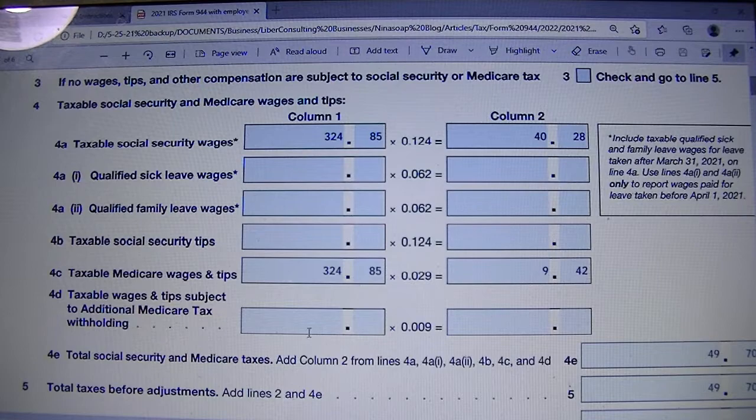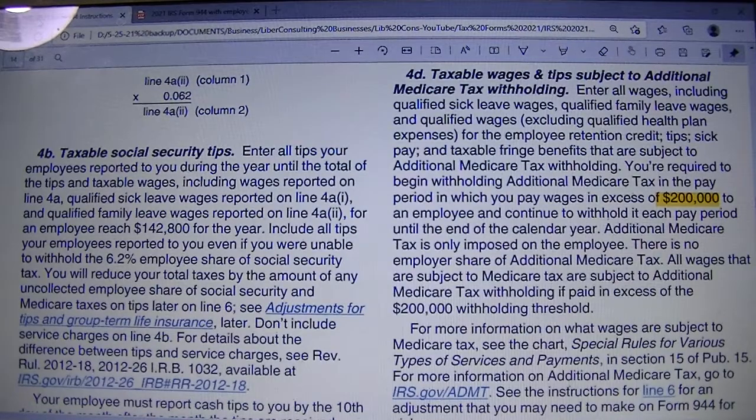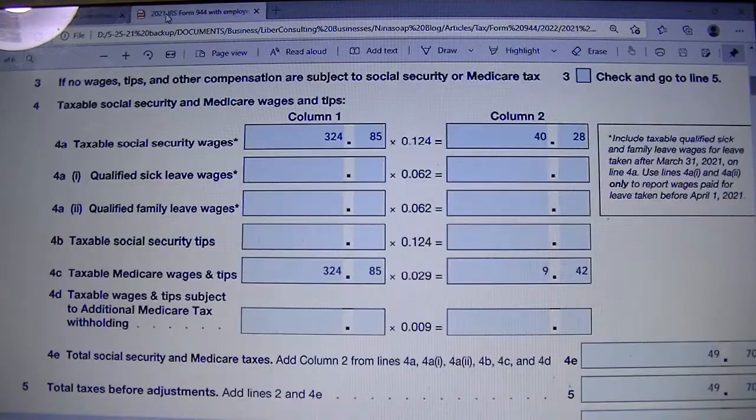If you pay an employee in excess of $200,000, that additional portion of the wages will be put here, and then you apply that 0.9% on it.